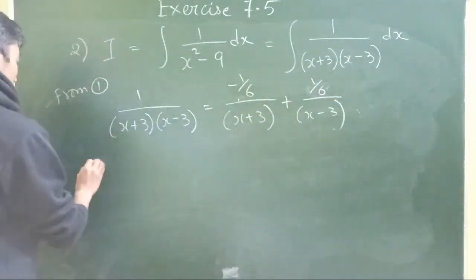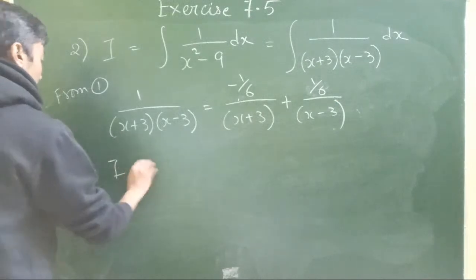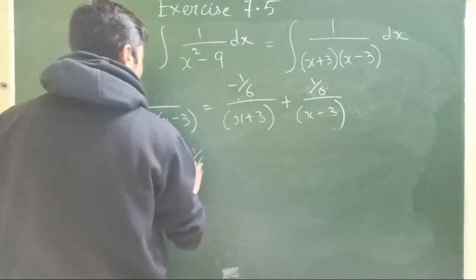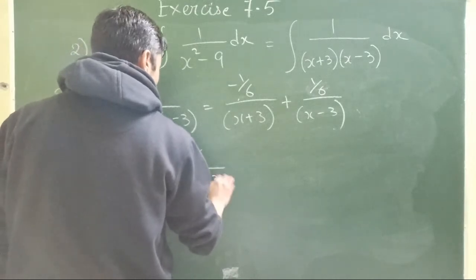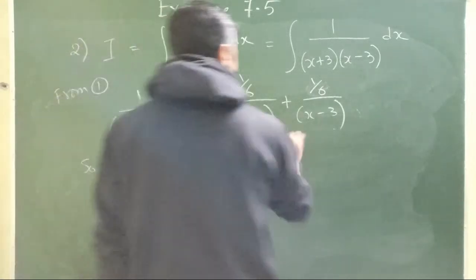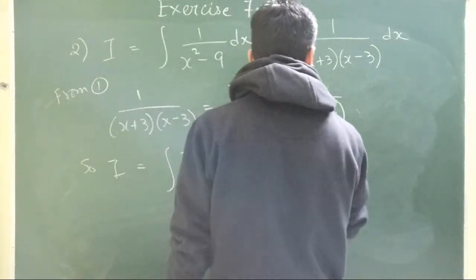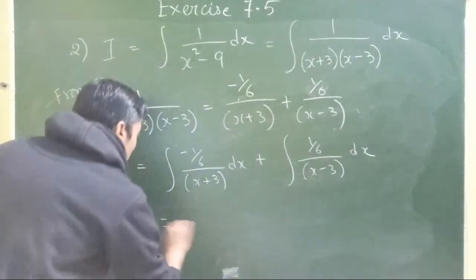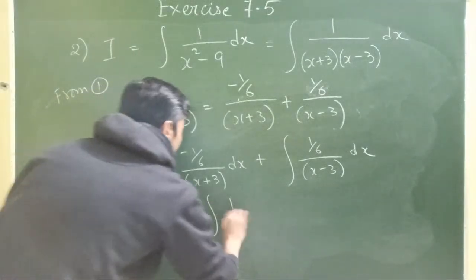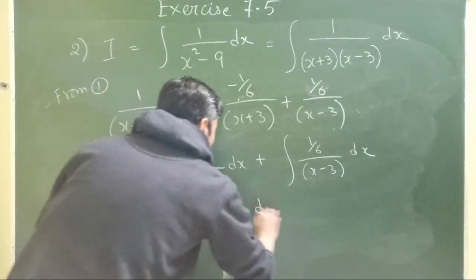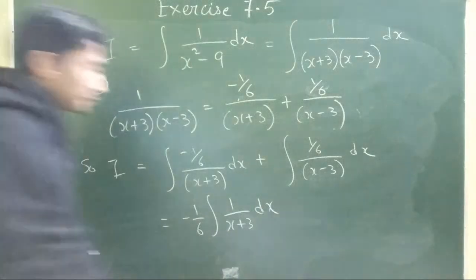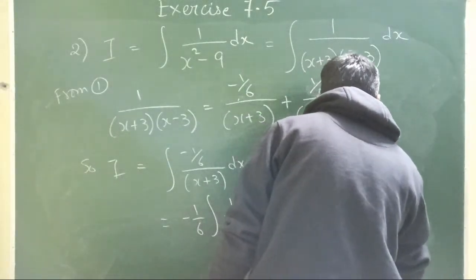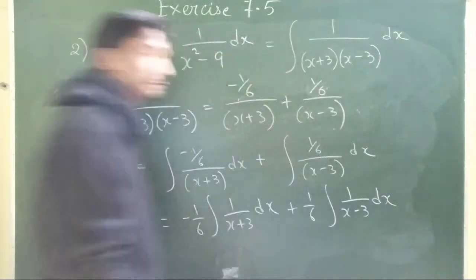So I will do it directly: integral of minus 1 by 6 of x plus 3, plus b value 1 by 6 of x minus 3, with respect to x. So that's going to be minus 1 by 6 integral of 1 by x plus 3 with respect to x, plus 1 by 6 integral of 1 by x minus 3 with respect to x.